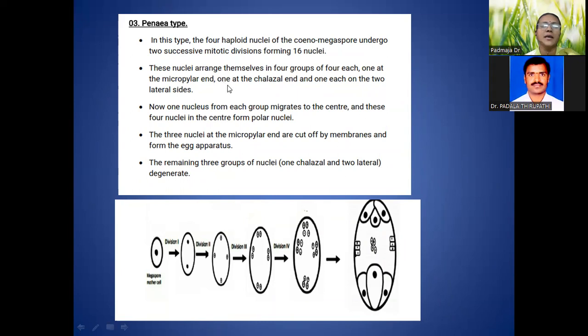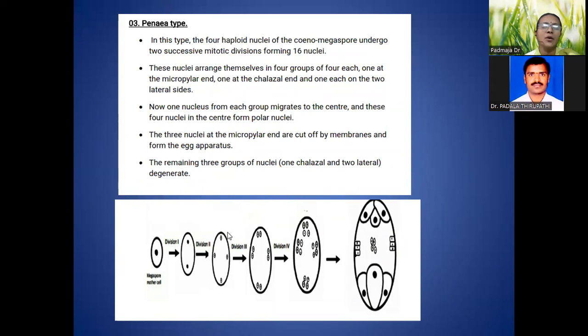In this Peperomia type of embryo sac development, if you see the matured embryo sac, we can clearly understand how many nuclei are present: 1, 2, 3, 4, 5, 6, 7, 8, 9, 10, 11, 12, 13, 14, 15, 16. That means in the matured embryo sac, 16 are present. And how are these 16 formed from the cenomegaspore?